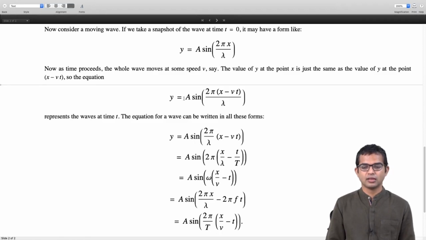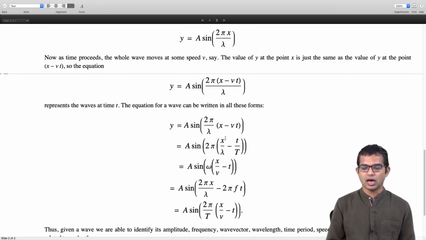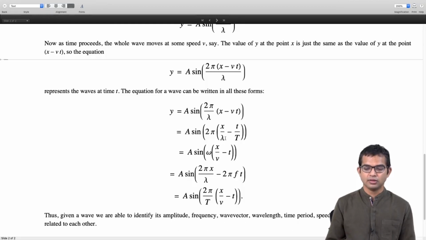Each of these forms is instructive in the sense that it carries information about a different quantity involved, right? But they're all connected together, as you are familiar, right? So you can check that indeed all of these forms are completely equivalent. So built into this are notions of amplitude. Amplitude is of course the same in all of these explicitly, and then there is a wavelength which is used here.